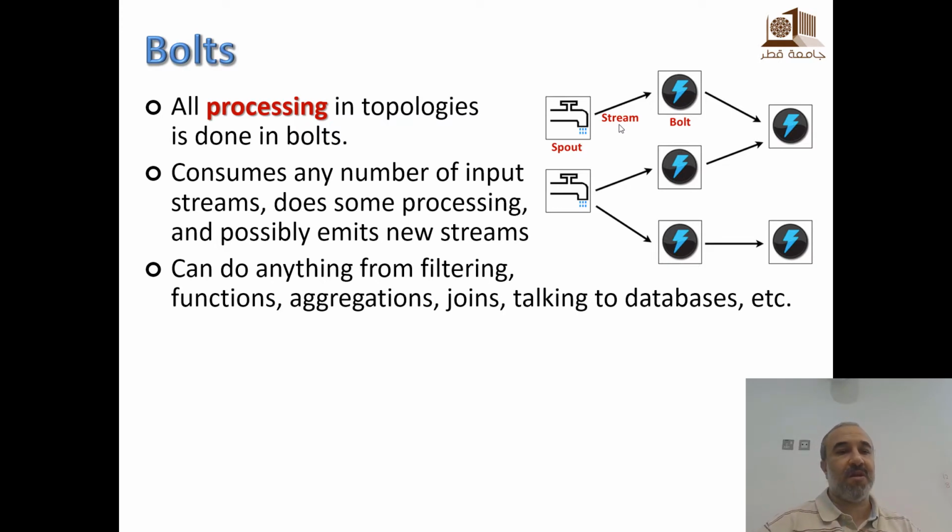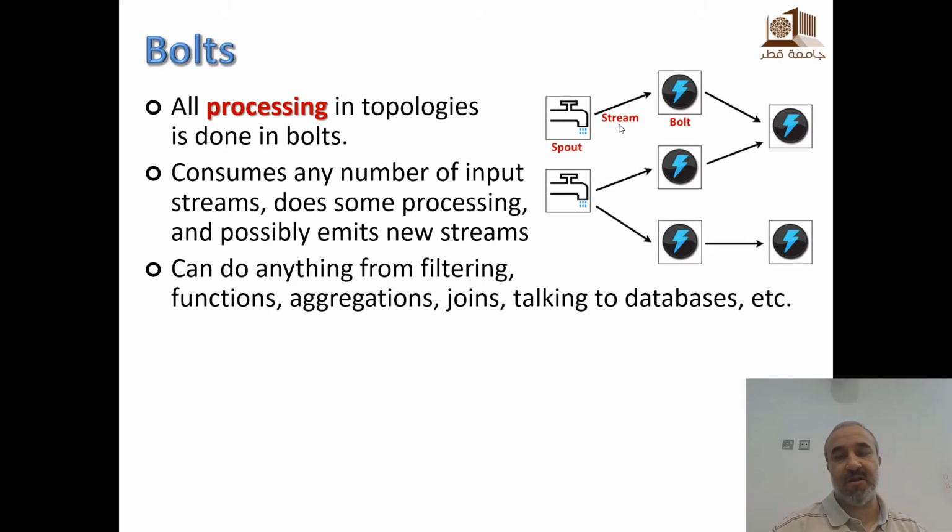And of course, the bolt can do anything. It depends on what you want to do with the stream. So it can do filtering, aggregations, joins, talking to databases, whatever you like to do with the stream. And bolts, as I said, can be connected to spouts and or other bolts.